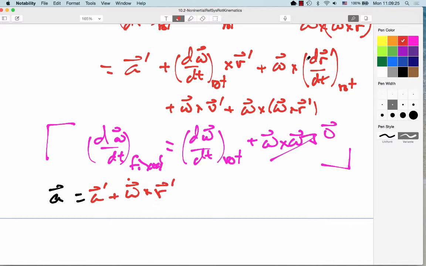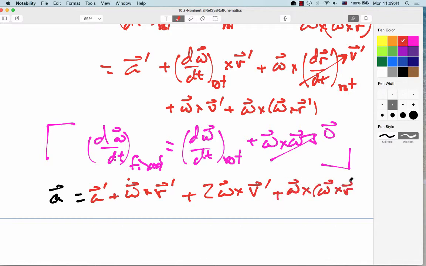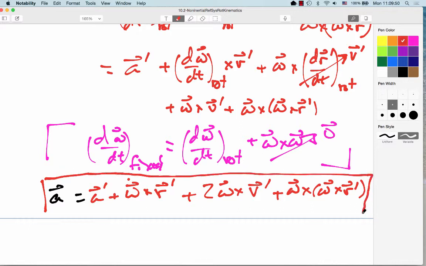Now, this term here, that's v prime, so we've got two of those, plus 2 omega cross v prime plus omega cross r prime. Phew.